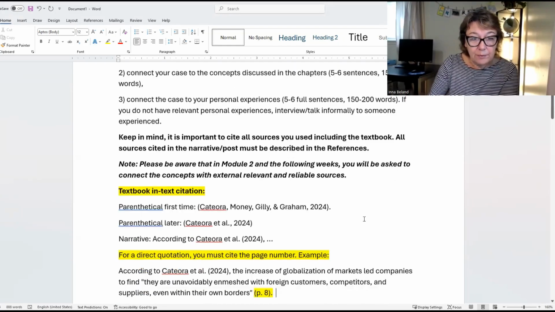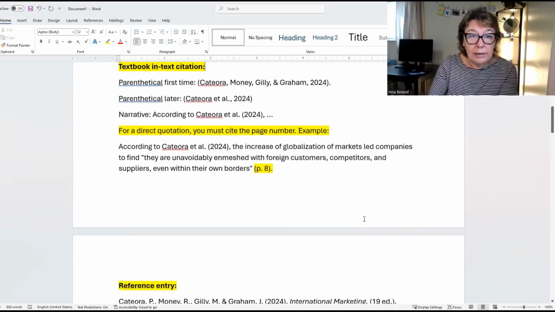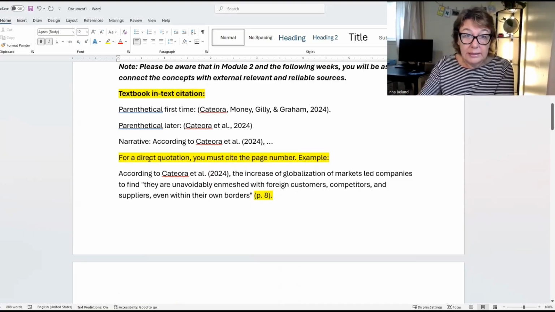So let's move further. Here I provide examples of how the textbook can be cited in text and in the references, how it should be shown in the reference as well. So it is very important to cite the sources of information.